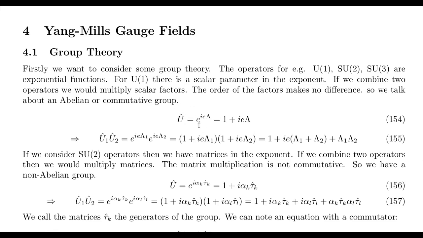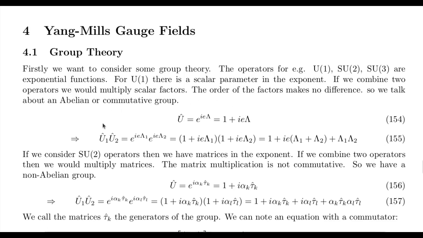Now we have a small calculation to that. This is a U1 operator with a scalar lambda in the exponent. If we use the first two terms of a Taylor expansion, then we have 1 plus i e lambda. If we multiply a wave function psi, then we have the structure: wave function plus the change is the new wave function.